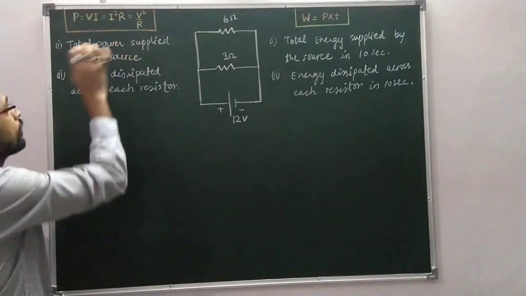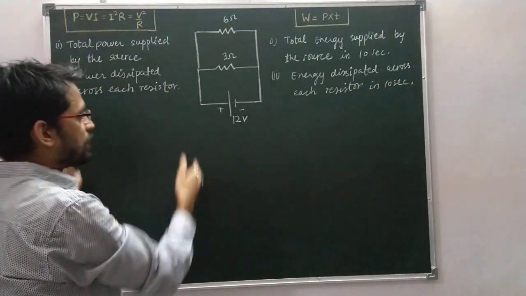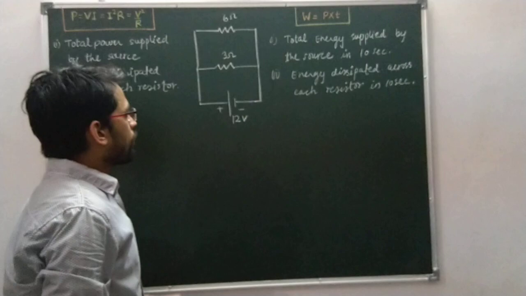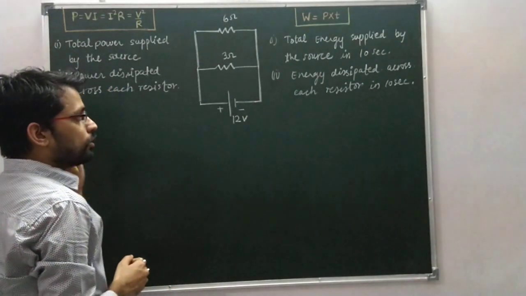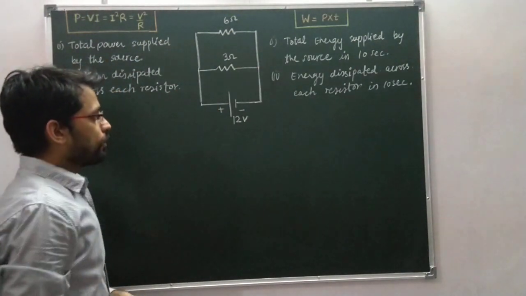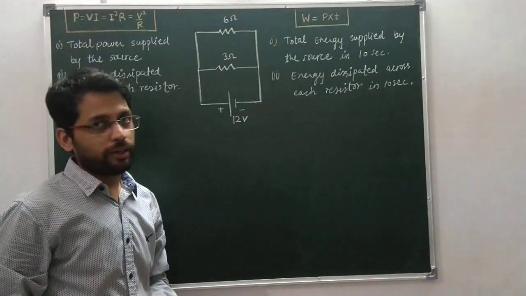Now come to the first question of the power section. What is the total power delivered? For the source, we have the source, and this source has an EMF of 12 volt.